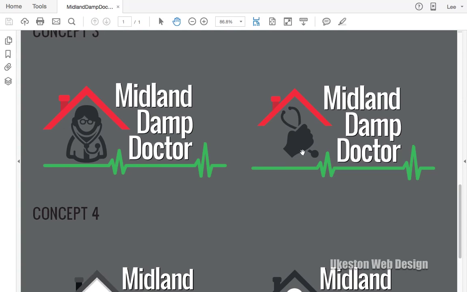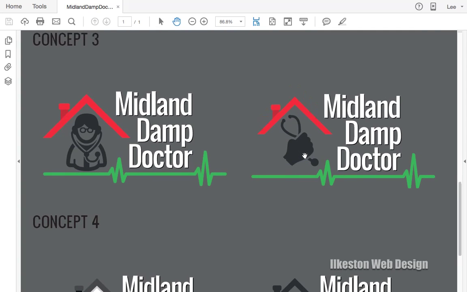On the right hand side we've just changed the logo, so there's quite a bit of flexibility in this concept. You can put any kind of icon in this area, whether it be a pictogram of a doctor character or just the tools that you'd use in your trade.